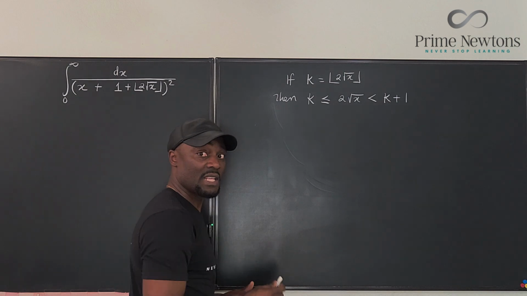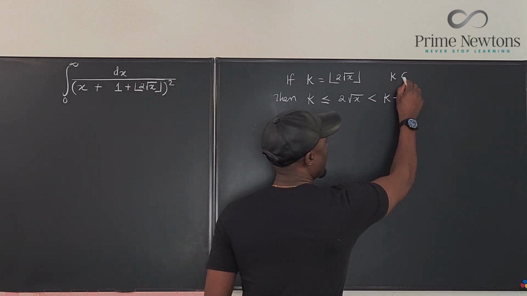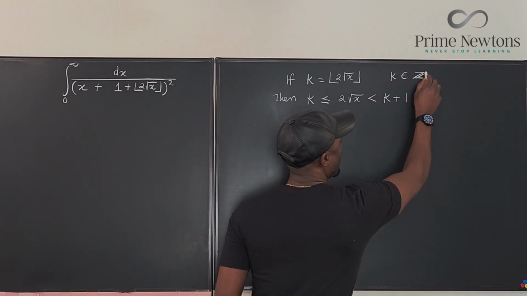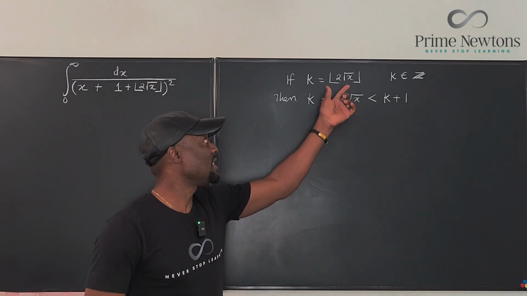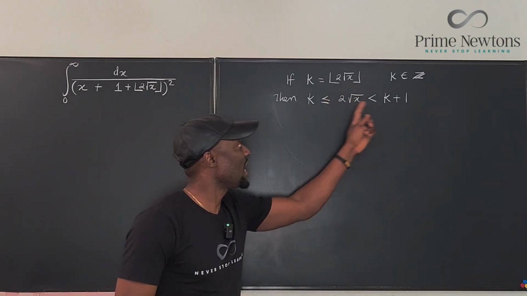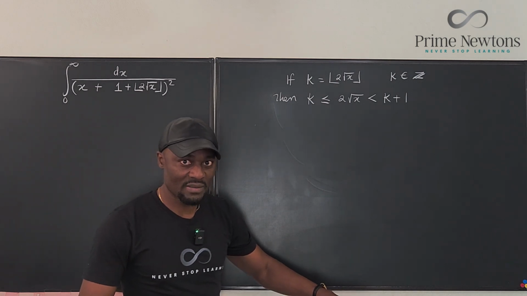Remember, k is an integer. Whatever is inside the floor function will be between k and k plus 1, right?